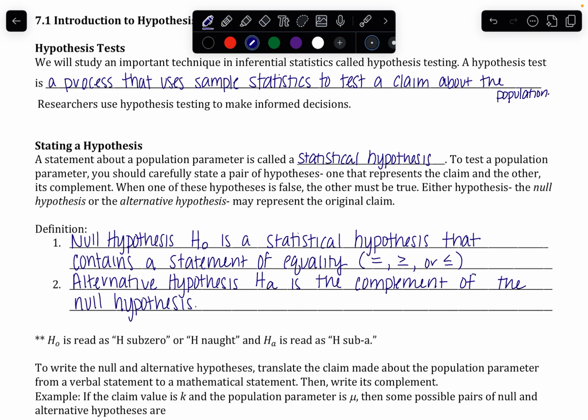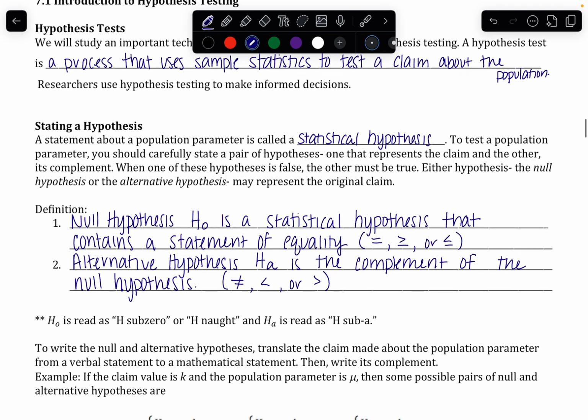So if we have equal, the complement is not equal. If we have greater than or equal to, our complement is less than. And the complement of less than or equal to is going to be greater than. When we look at the null and the alternative hypothesis, H sub 0 or H naught, H sub A, I'm perfectly fine with you just calling them null and alternative.